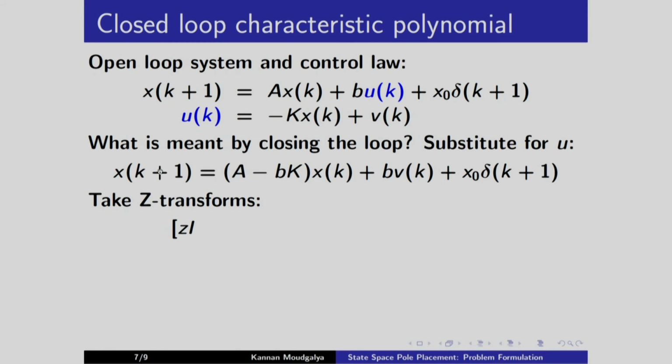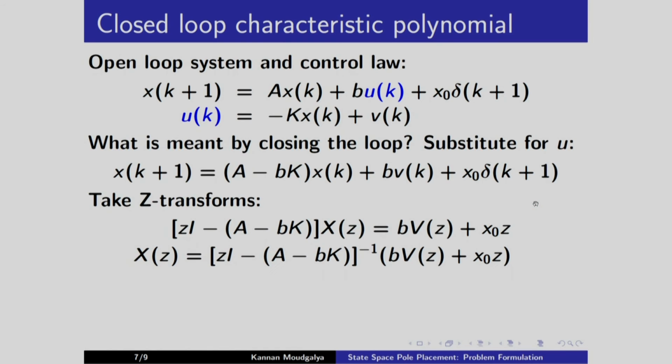Because I have k plus 1, I get Z here, Z into I. Then I bring this term on the left hand side, I get A minus bk. Then I have x of Z equals bvz plus x naught into Z, which is the Z transform of delta of k plus 1.